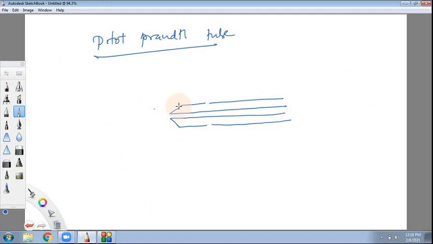Now look at this construction carefully. There is a small hole here, and there is also a small hole here.